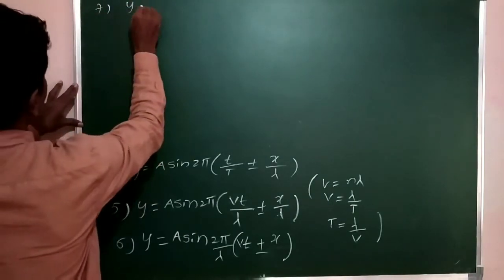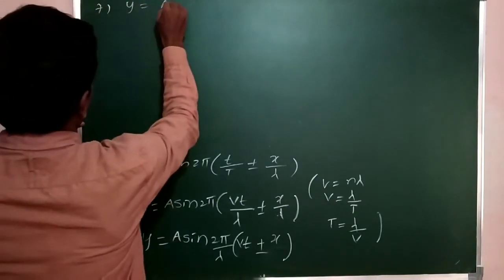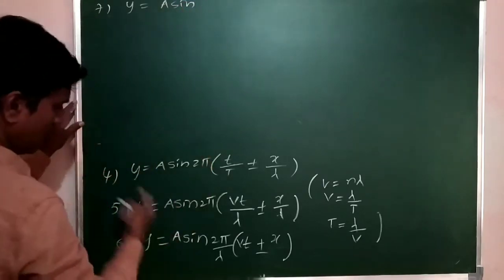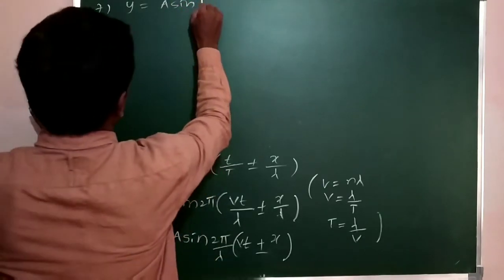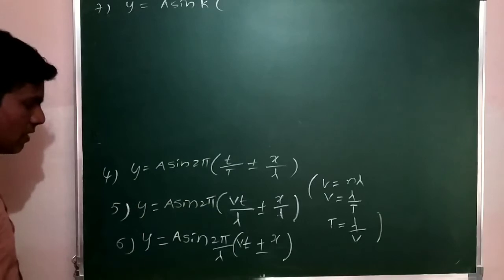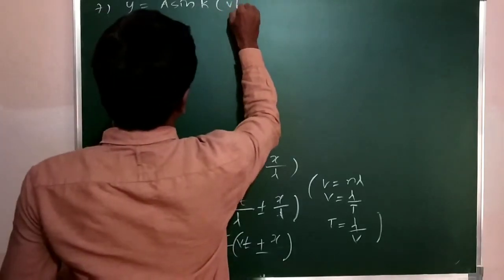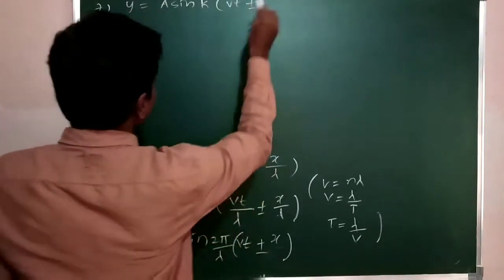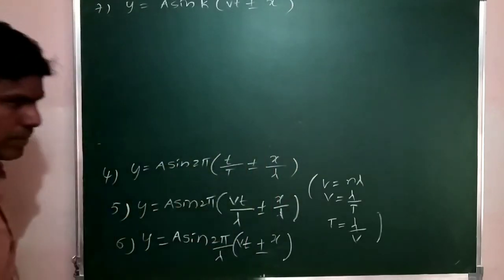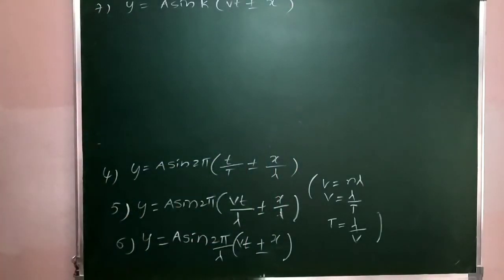So the seventh one is y equal to a sine, 2 pi by lambda is k, a sine k of vt plus or minus x. It is also one of the types of wave equation.